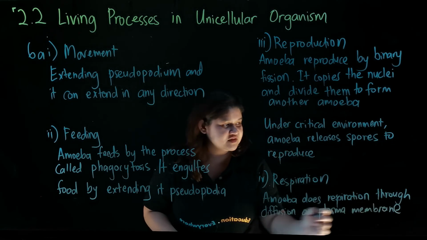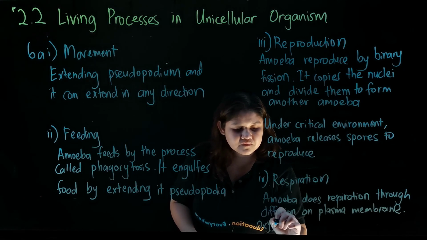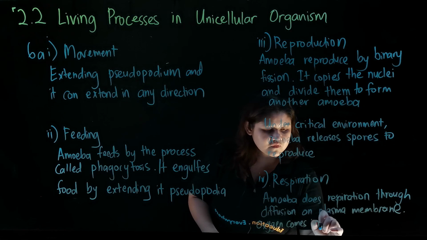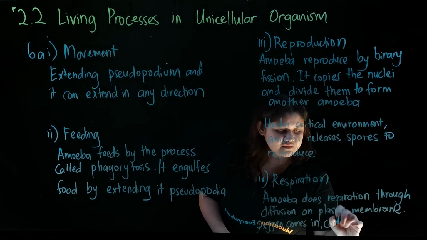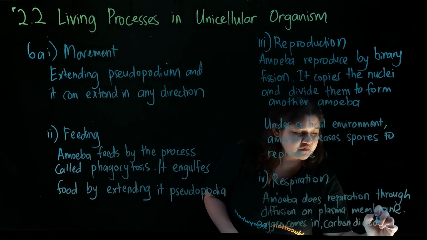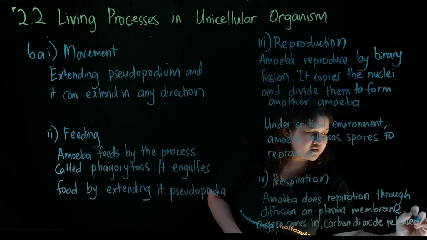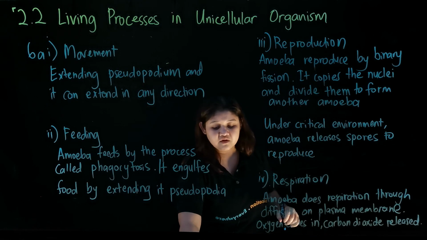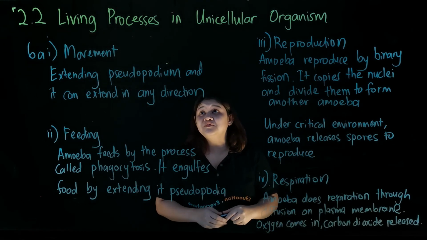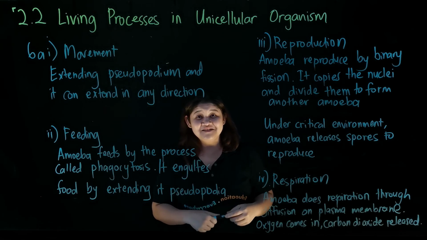Okay, so what happens is oxygen comes in, carbon dioxide goes out. Carbon dioxide release. Alright, so we've covered the whole topic of 2.2 living processes in unicellular organism. I'll see you in the next subchapter.